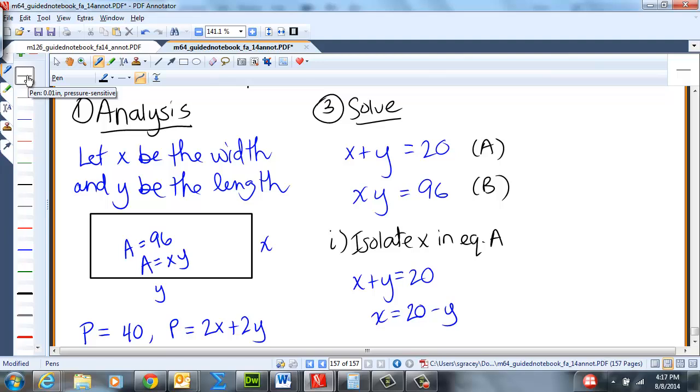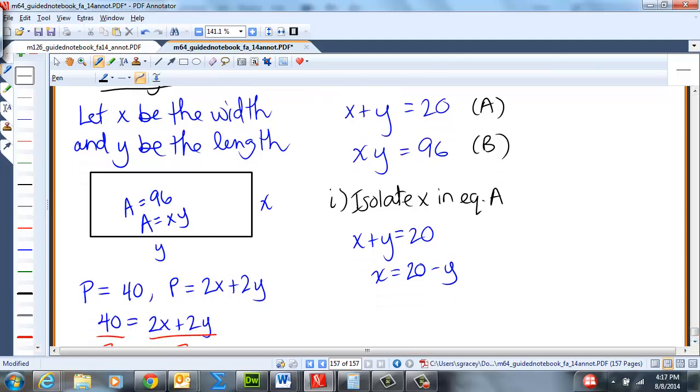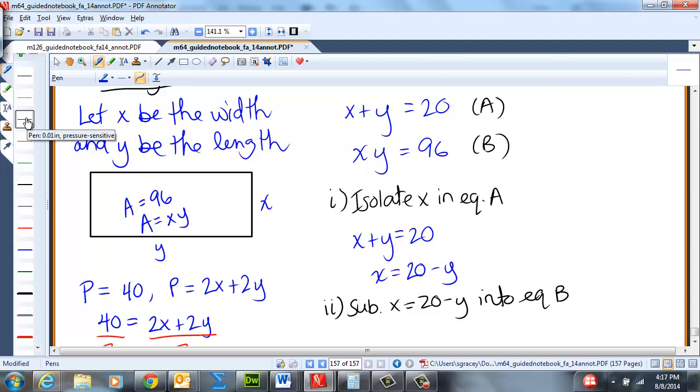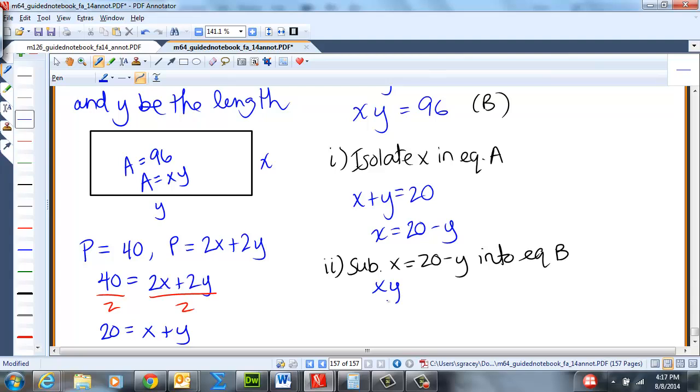So now we'll have to plug that into the equation B. So secondly, we'll have substitute x equal 20 minus y into equation B. So equation B is x times y equals 96.